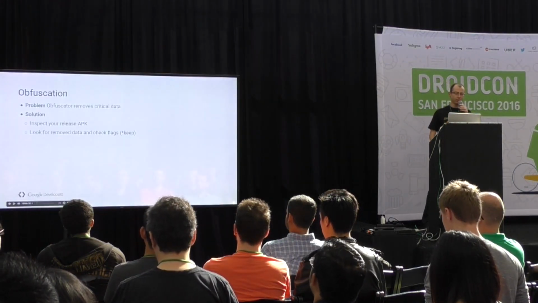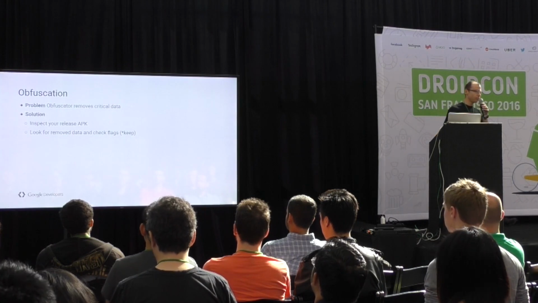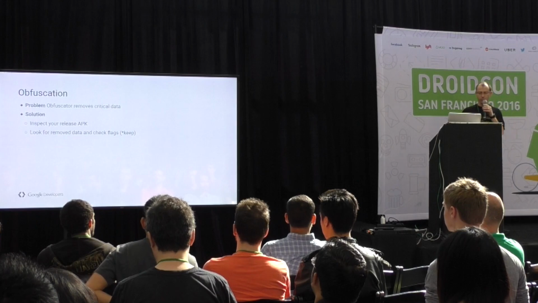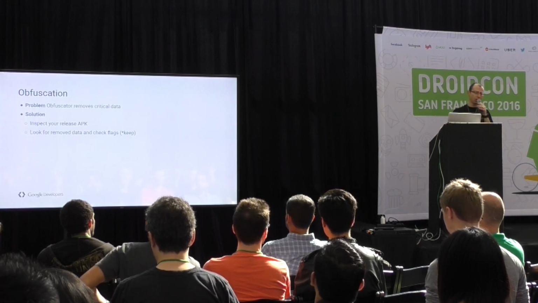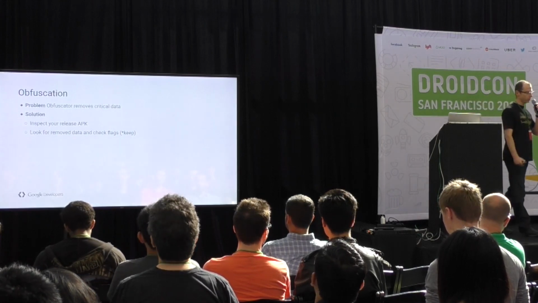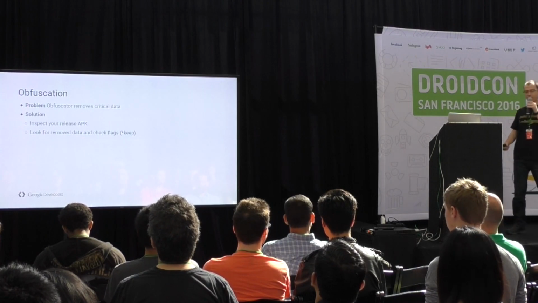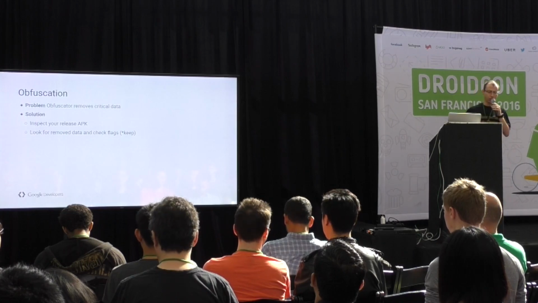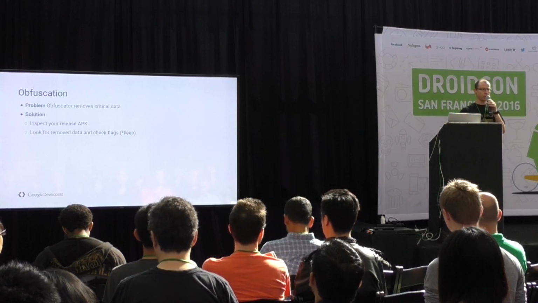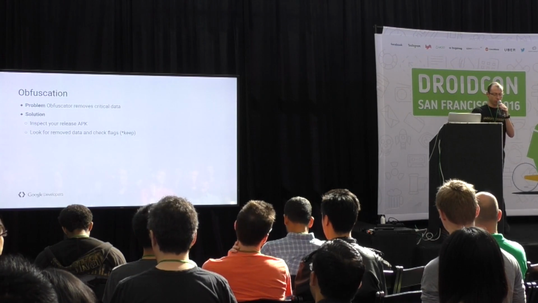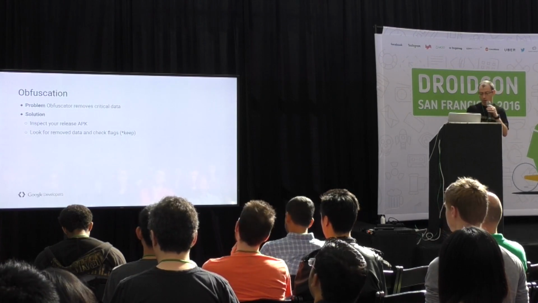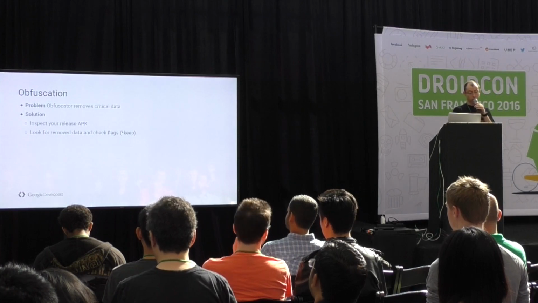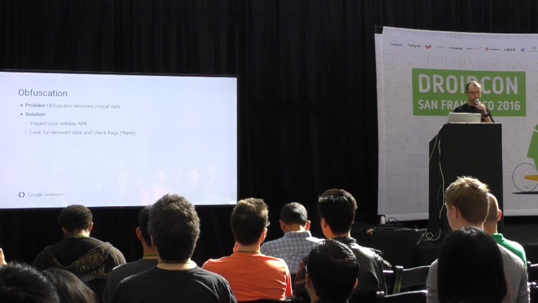Another problem is when the obfuscator is misconfigured, then your app crashes due to unsatisfied runtime dependencies. Usually this happens when something is wrong in the obfuscator configuration. And the solution with ClassyShark is pretty easy.